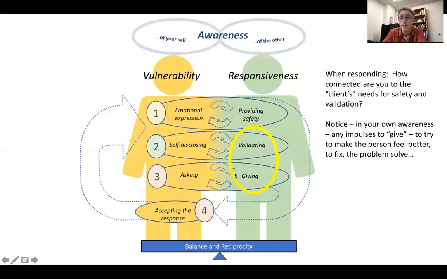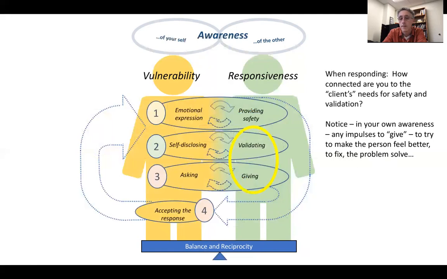And I've circled validating and giving in a yellow highlight here, because I want people to really notice, in their own awareness, any impulses to give instead of to validate. And by giving, I mean trying to make the person feel better, to fix how they're feeling, to problem solve, things like that.